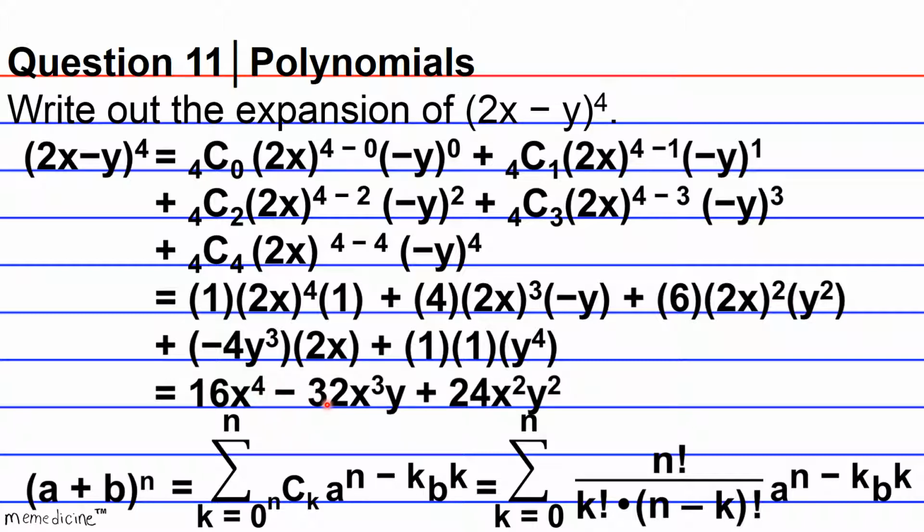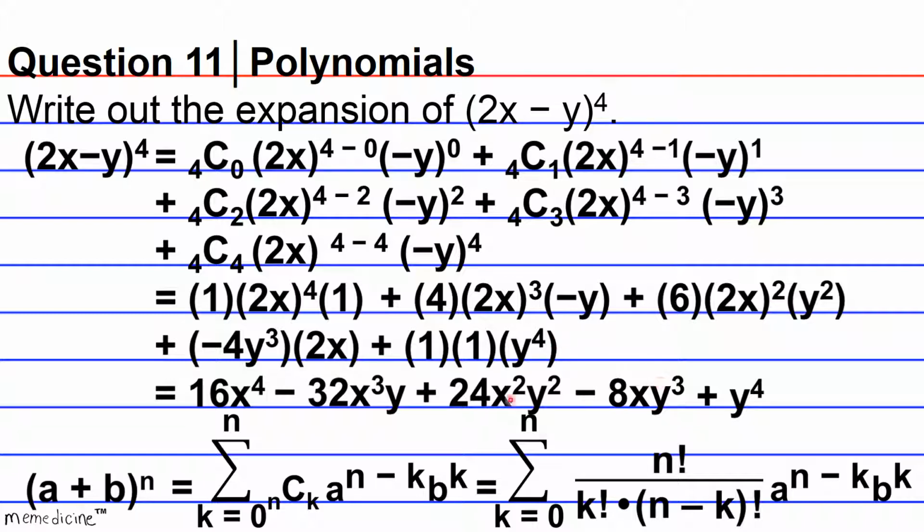Our second term, I'm not going to go through this step by step because it's just too much to speak out. It would take up way too much of your time, and I'm pretty sure your time is loaded already. Our fourth term, and then the last term is obviously going to be y to the 4th when you multiply out the factors 1 times y to the 4th.